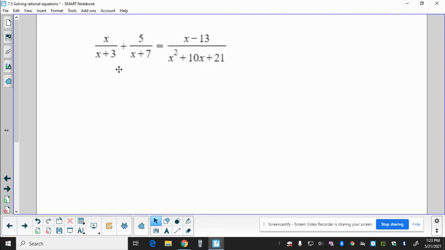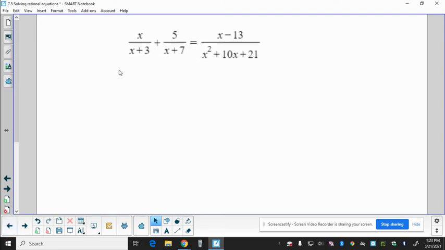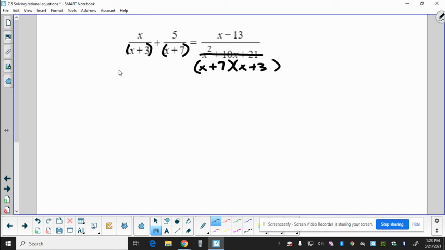Could we factor this expression, this other denominator? I think so. I'm thinking 7 and 3 are going to work. And actually look at these. They're the same as those. So that's going to make my life pretty easy.